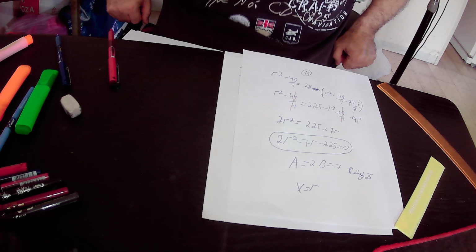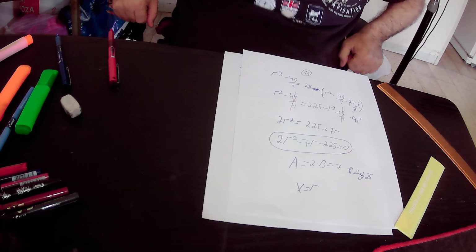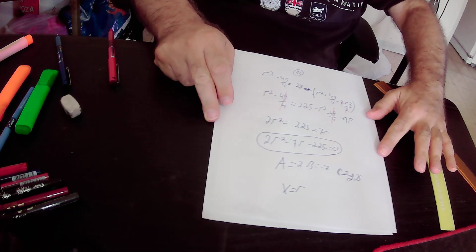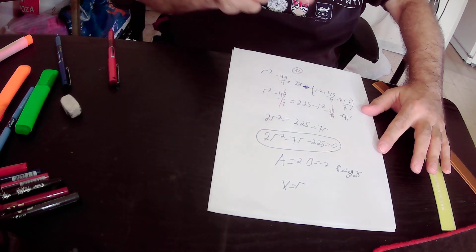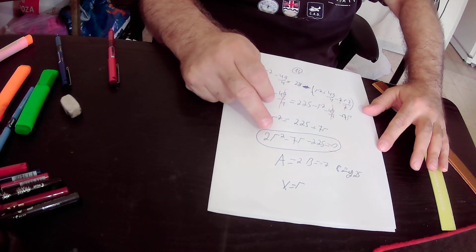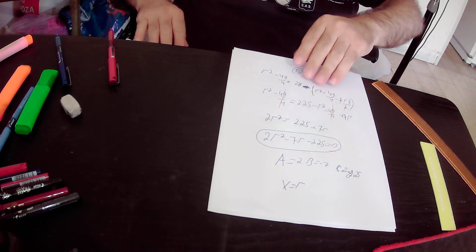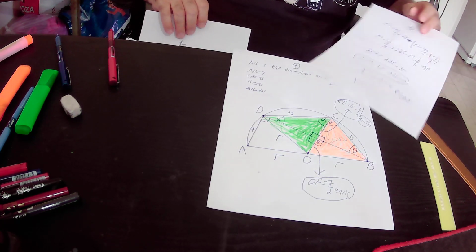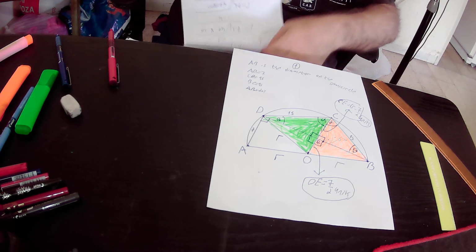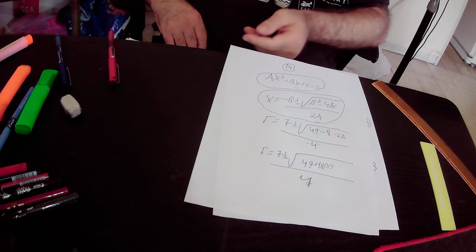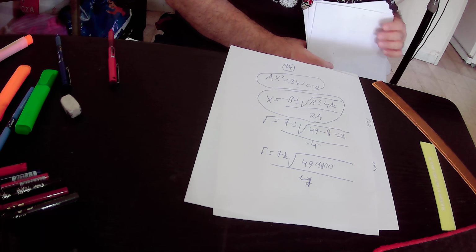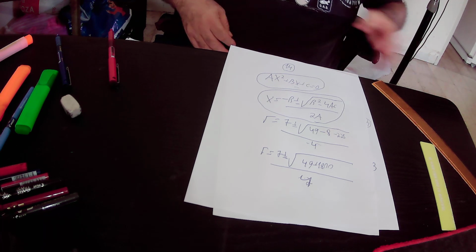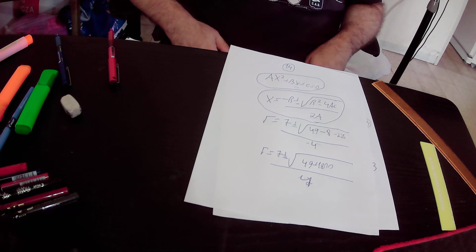Here are the coefficients of this quadratic equation: A equals 2, B equals minus 7, and C equals minus 225, and the variable of this quadratic equation x is R. We have the general form of a quadratic equation: ax squared plus bx plus c equals 0, where a, b, and c are the coefficients and x is the variable that we want to find.